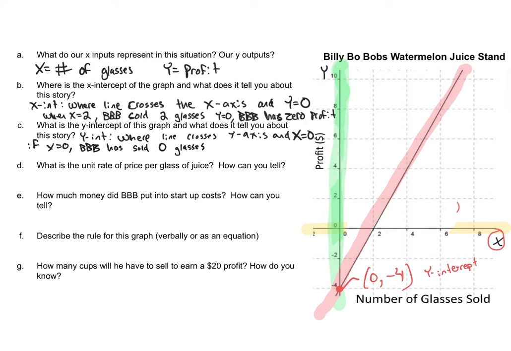And if y is our profit, and y is -4, that means when Billy has sold 0 glasses, Billy Bob is in debt $4, or has -$4.